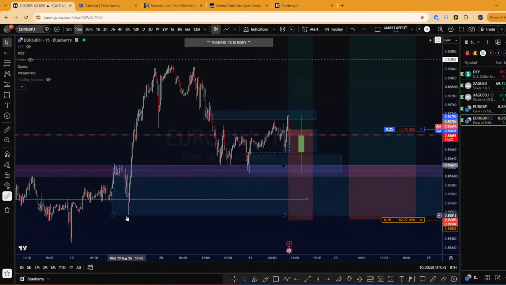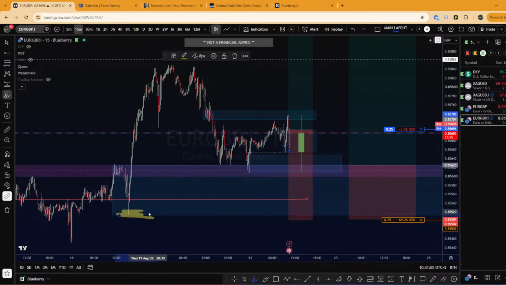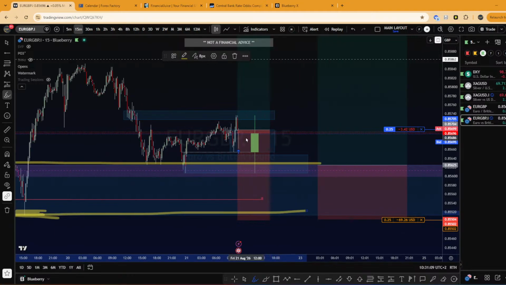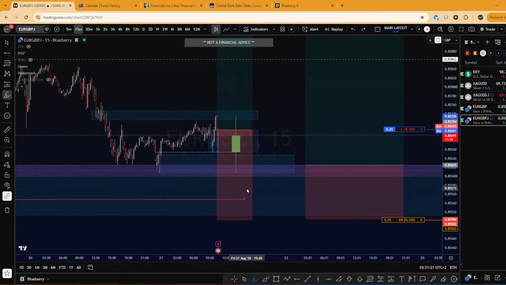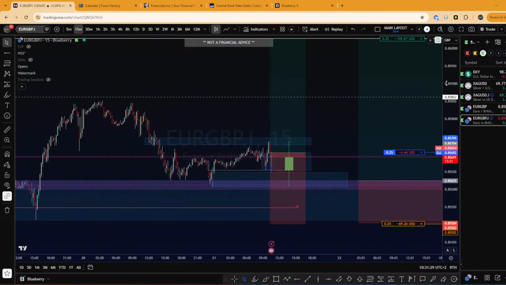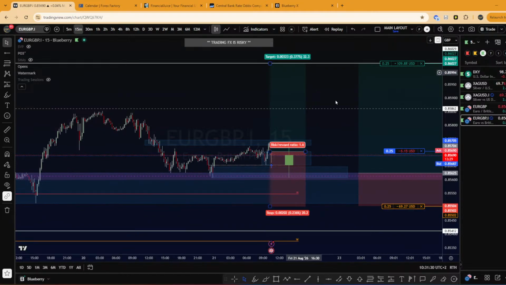This is my last line of defense, this level right there. If we blow past it, I will reevaluate my trades, but this is the demand. I don't want price to break above. So let's see if we could find another premium discount price to buy again. Okay, so yeah, I'm already in on this trade, so what I want to target is this high.